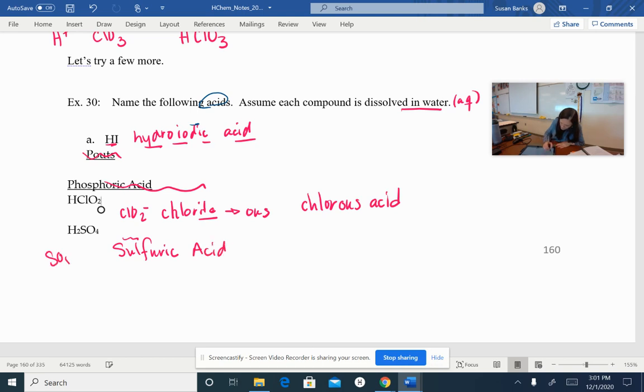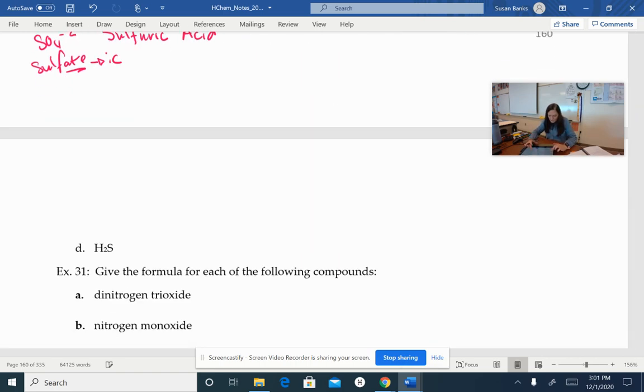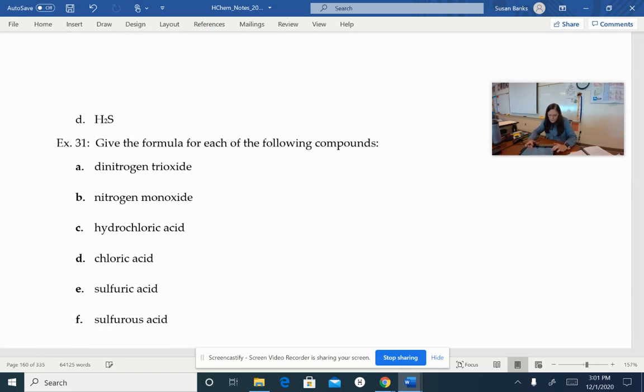SO4 negative 2 is sulfate. Ates go to ic. Okay. All right. Let's do one more. H2S. Now remember, we're going to pretend that this is dissolved in water, so this is going to be an acid, so we don't have to put the aqueous sign here. It's just hydrosulfuric acid.